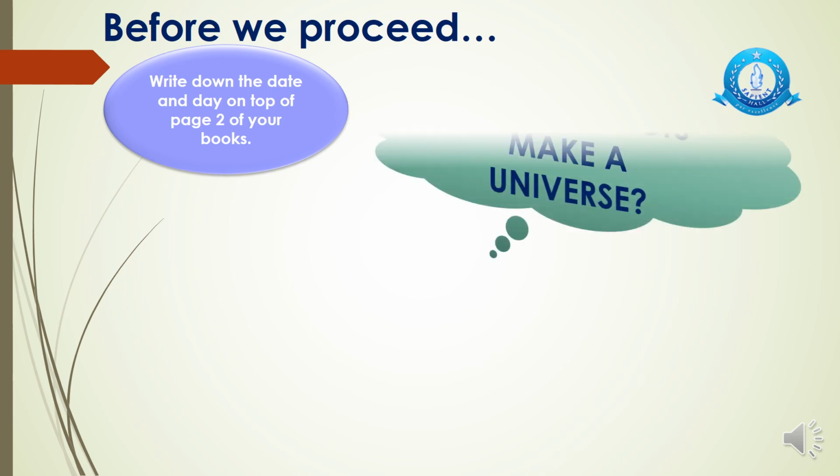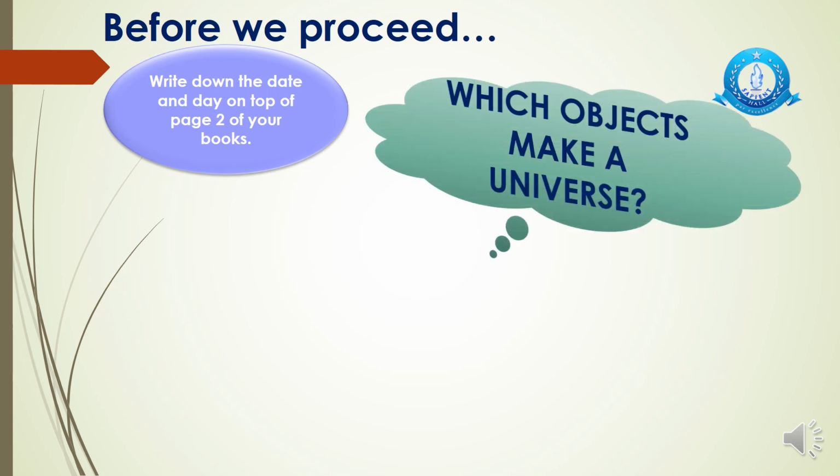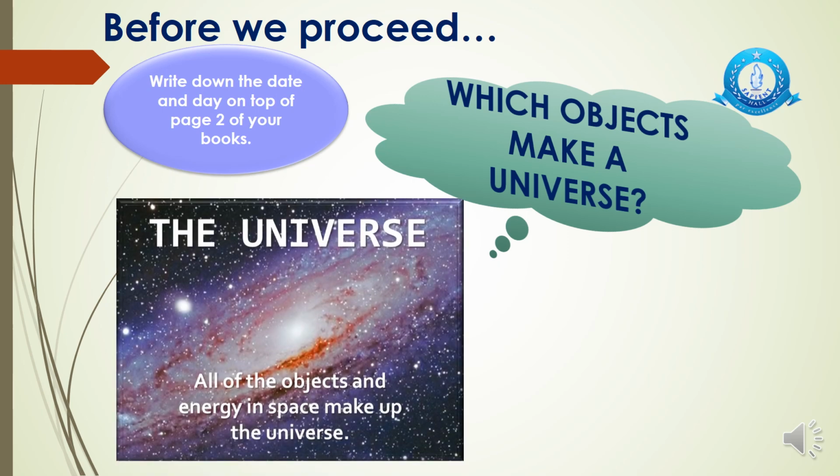Done? Great. Now, as the name of the chapter is the universe, we are supposed to discuss first what the universe is. Do you know which objects make a universe? Any idea? Please write it down on your rough copy quickly and see, is it this?